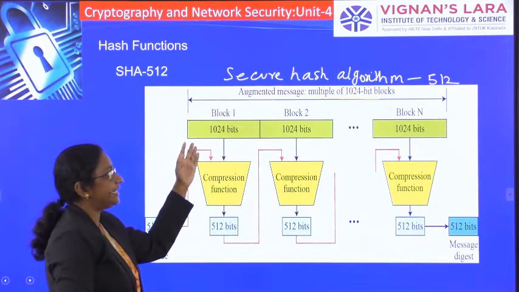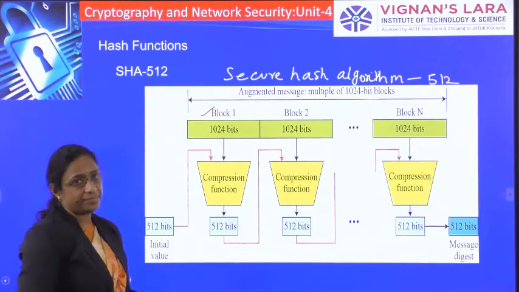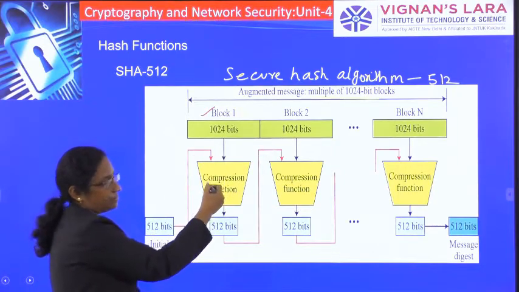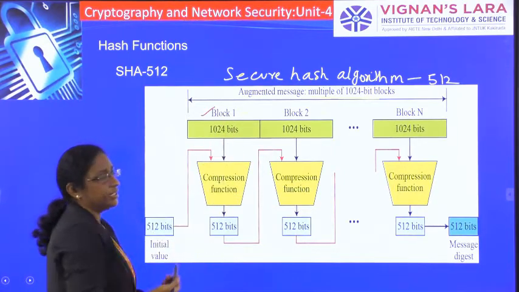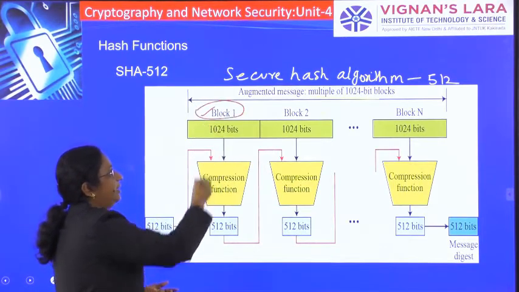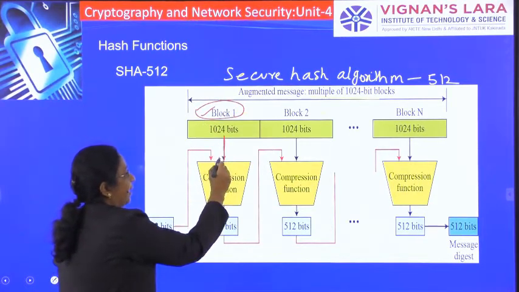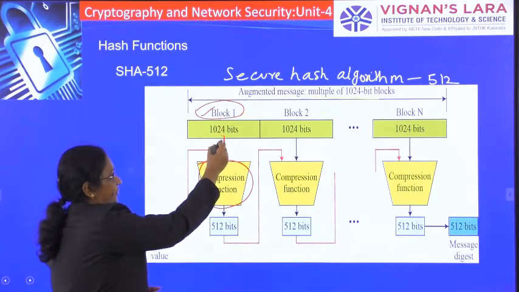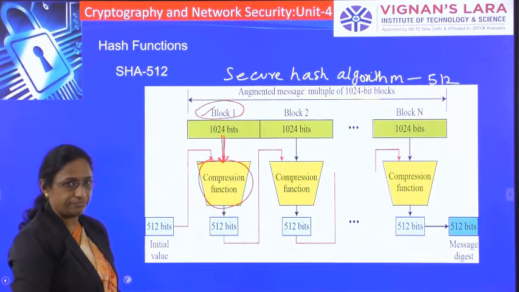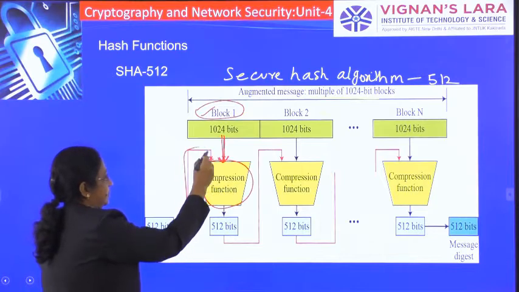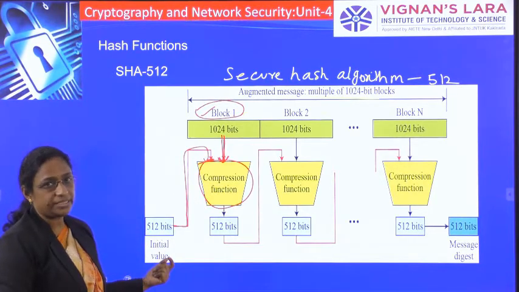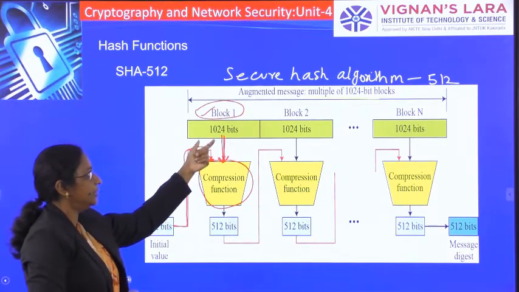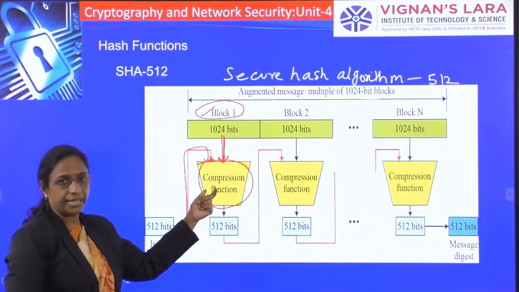After dividing the message into blocks, each block will be processed. First, the first block of the message goes through a compression function. This compression function takes the 1024 bits of message along with a 512-bit initial value, which is called the initial buffer value.